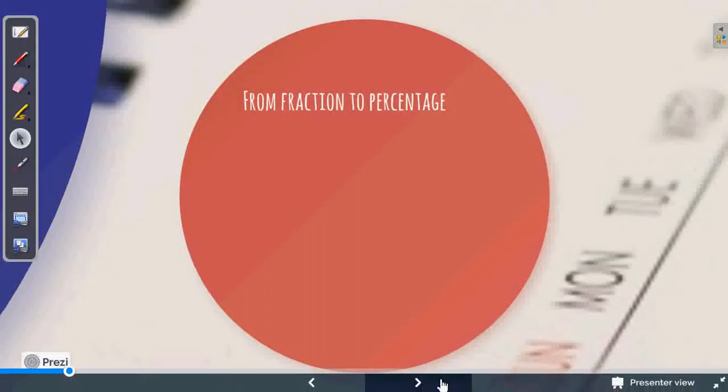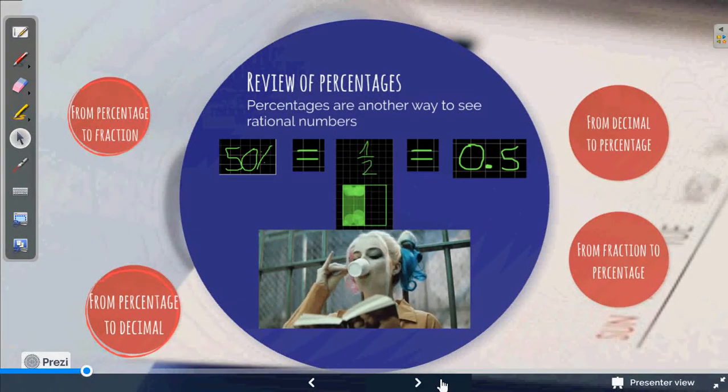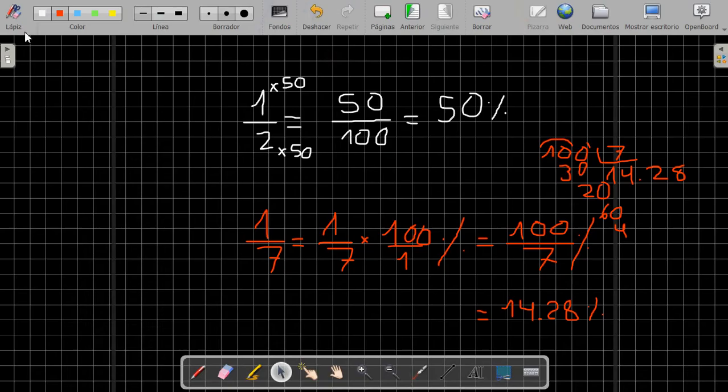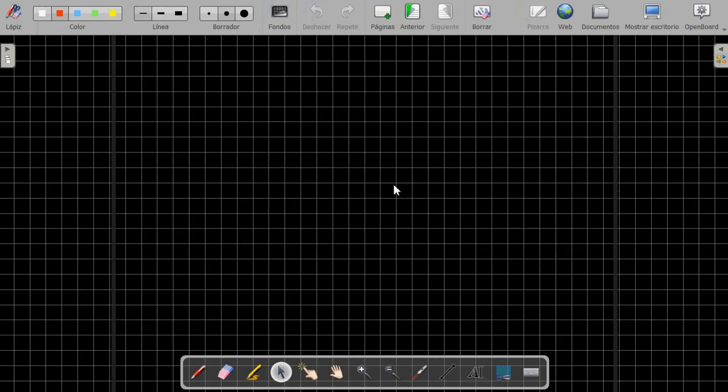Let's see what we have to do if we need to convert from percentage to a fraction. Okay, let's suppose that we have the number 37%. How can we convert this percentage into a fraction? Well, the answer is very simple.